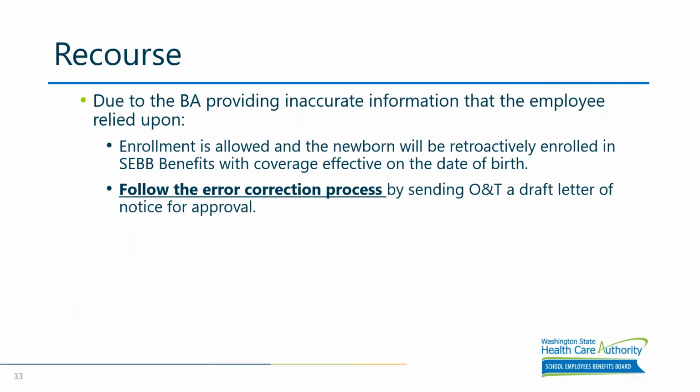So due to the BA providing inaccurate information that the employee relied upon, the enrollment will be allowed, and the newborn will be retroactively enrolled in SEBB benefits with coverage effective on the date of birth. Again, follow the error correction process by sending outreach and training a draft letter of notice to be approved.